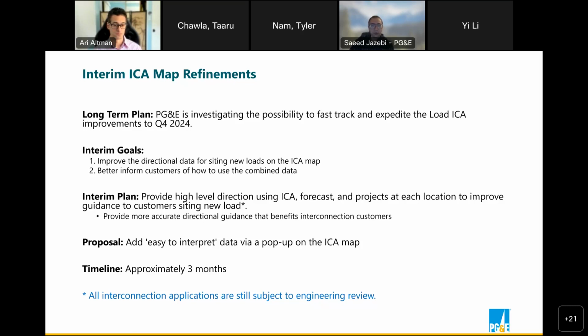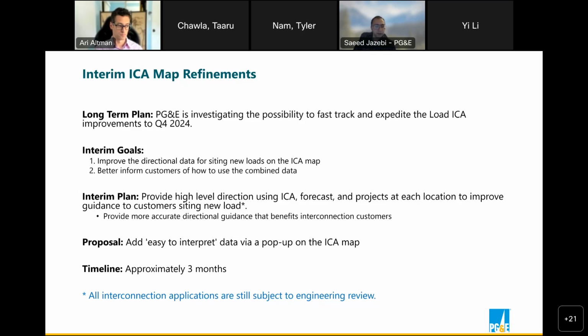Basically, this will provide more accurate directional guidance that benefits our interconnection customers. So the proposal is to add some additional data on the line section specific pop-up on our ICA map that indicates the likeliness of having capacity on the corresponding line section.